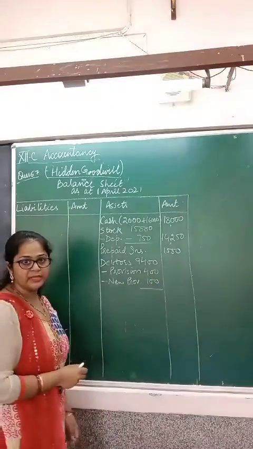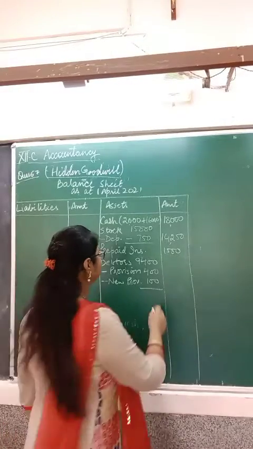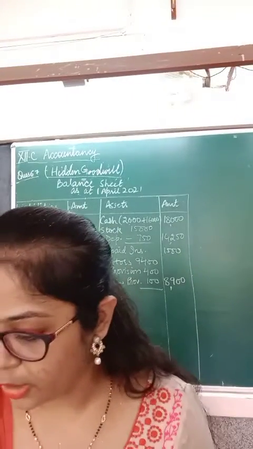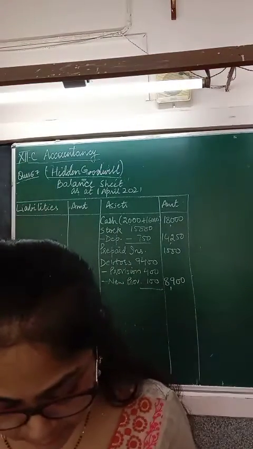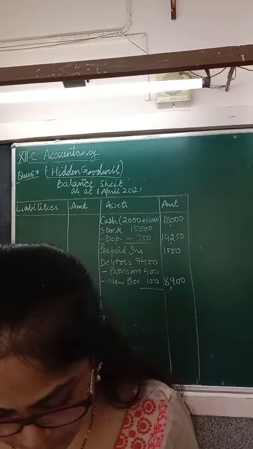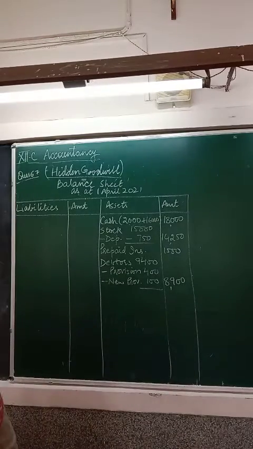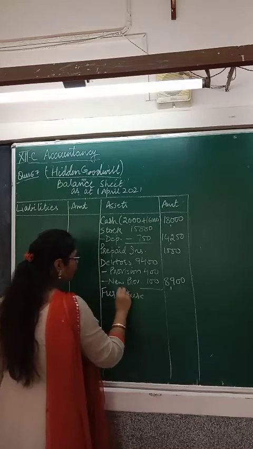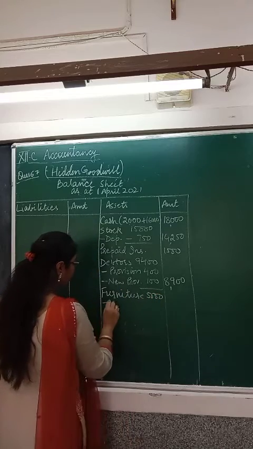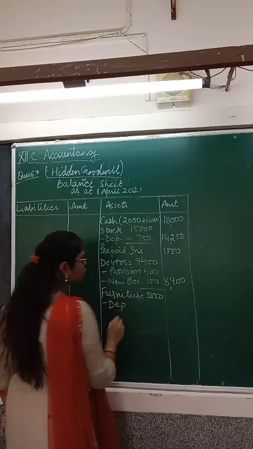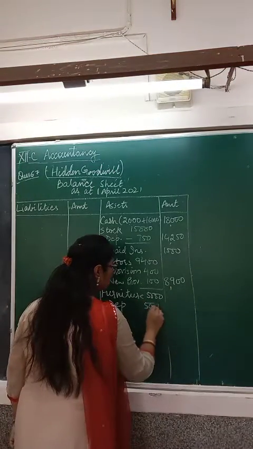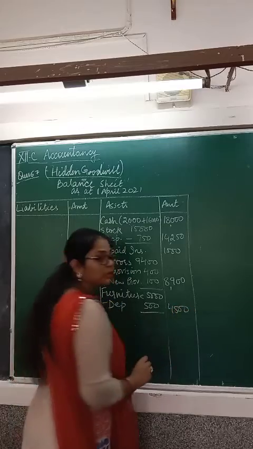So this comes to rupees 8,900. After that, what else you have? You have furniture, which is rupees 5,000 minus depreciation on furniture, which was how much? Which was rupees 500. So it turns out to be rupees 4,500.